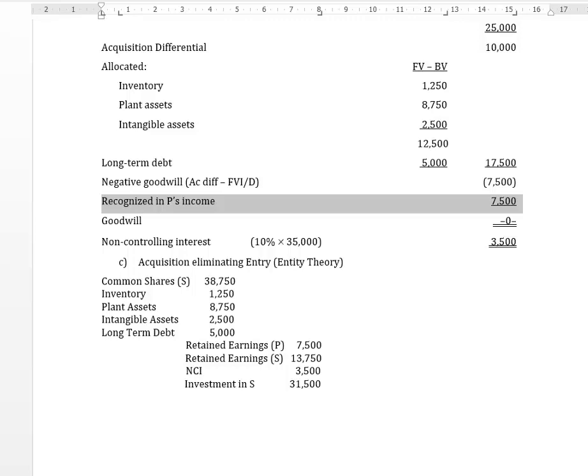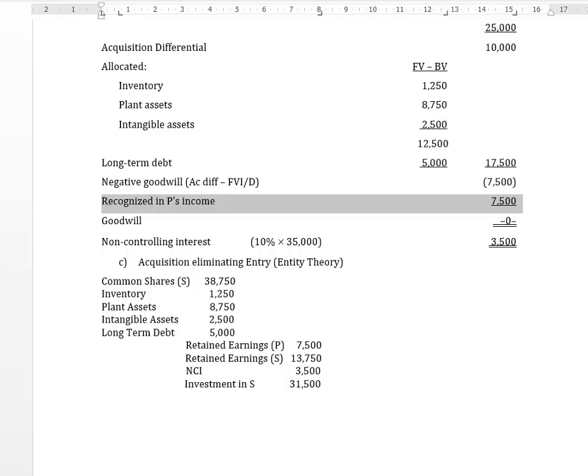But don't forget, we're doing the balance sheet at the date they became related. If we're using numbers that are related to their separate entity balance sheets at the date they became related, which is June the 30th, we have to remember that on the date that we're doing our consolidated statements, the two separate entities, parent and sub, must have already closed their books and have their own separate entity statements already prepared.